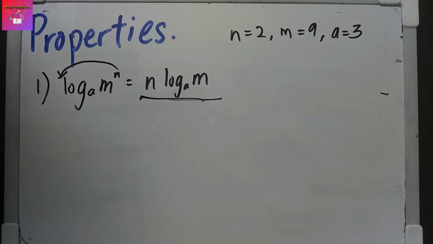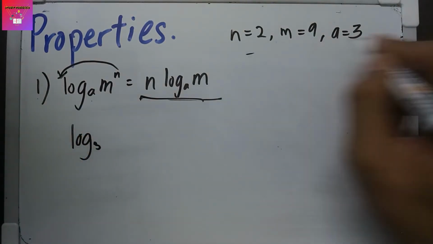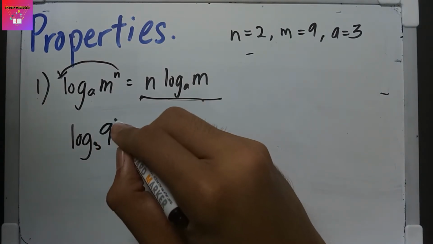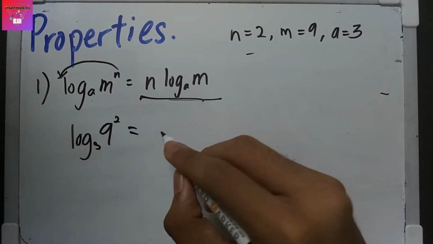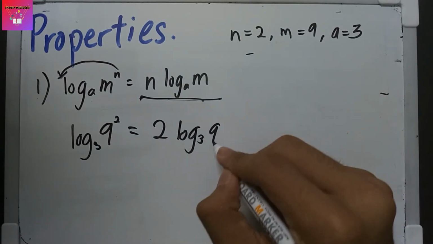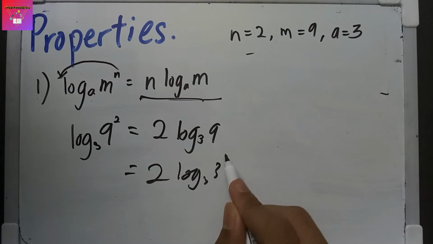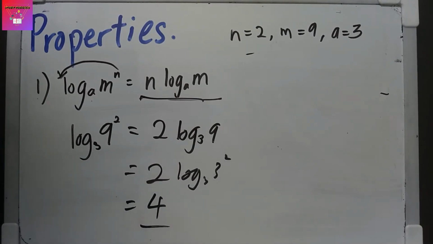So let's say I am having log base 3 of 9 to the power of 2. Immediately I can write this as 2 log base 3 of 9. Actually the answers for both of these, if you put in your calculators, are going to be the same. I'll teach you how to do this later in a moment.